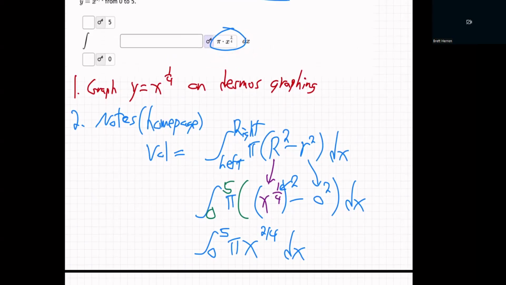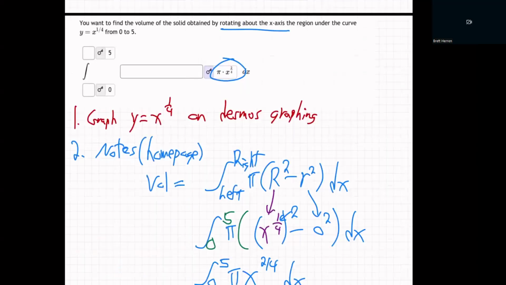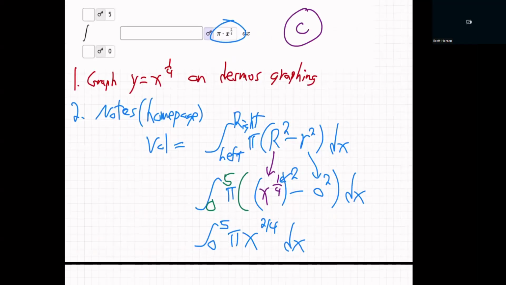So there we go. Now, why is this the formula? Pi capital R squared minus little r squared. It's because it's the area of a washer or a disc. So if you take a washer, it's got an outer and inner radius. Sorry, I'm kind of changing my mind. So if you have a washer like this, outer radius is capital R, inner radius is little r. What's the area of that washer? It's going to be pi capital R squared minus pi little r squared, right?